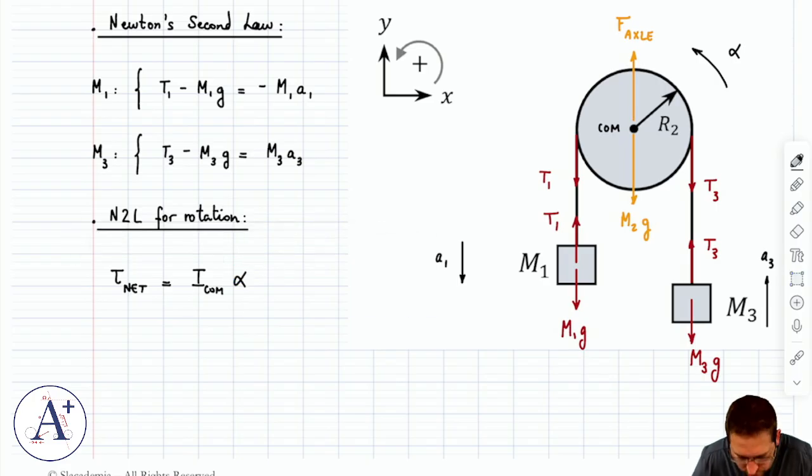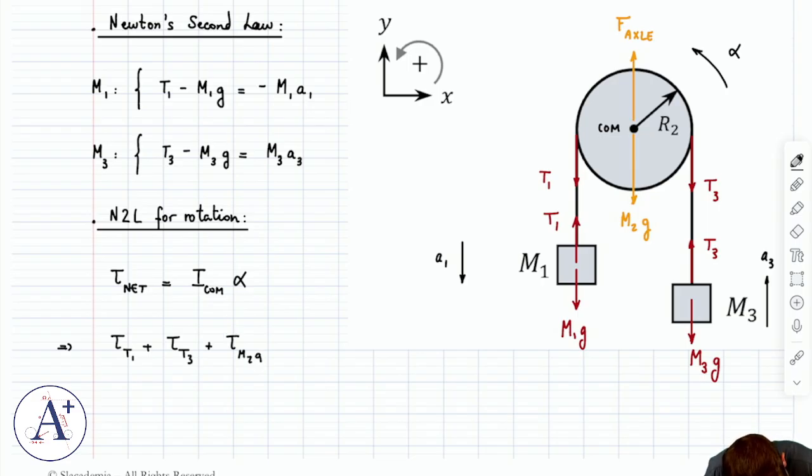That's going to be very easy to compute because the two forces that I don't know or don't care about, F axial, which I actually don't know, and M2G, which I do know but don't care about, go through the pivot so they don't create a torque. Remember we said last week that torque net is the sum of all the torques. It's going to be torque of T1 plus torque of T3 plus torque of M2G plus torque of F axial, and all of that is equal to 1/2 M2 R2 squared times alpha.